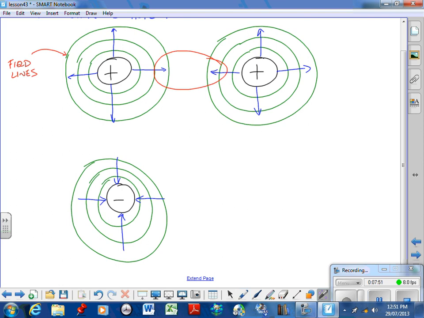So positive charges are automatically repelling, and so they're pushing away from each other. So it's like looking at Newton's third law earlier, where one's pushing on the other's pushing, so they therefore equal and opposite reaction forces.